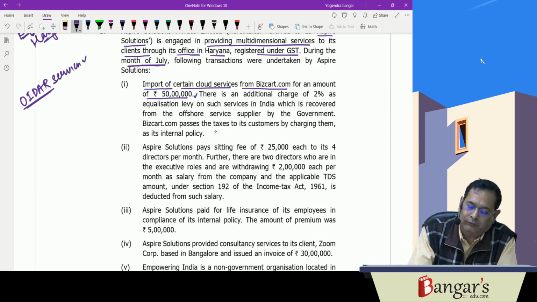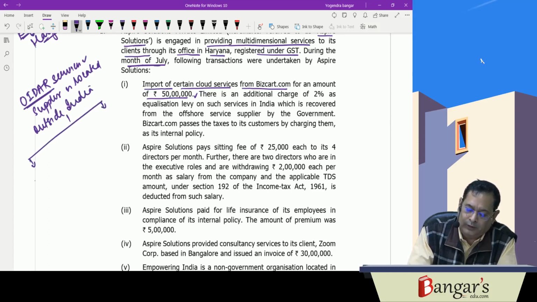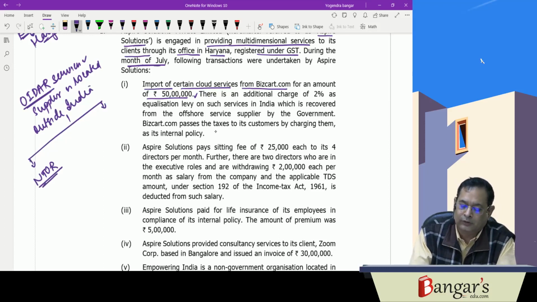What we have seen is that if the OIDAR service supplier is located outside India, and if the services are supplied to non-taxable online recipients, those who are not registered persons, or supplied to registered persons: if it is supplied to registered persons, then reverse charge mechanism is there, and if it is supplied to non-taxable online recipients, the same is chargeable to tax under forward charge mechanism.